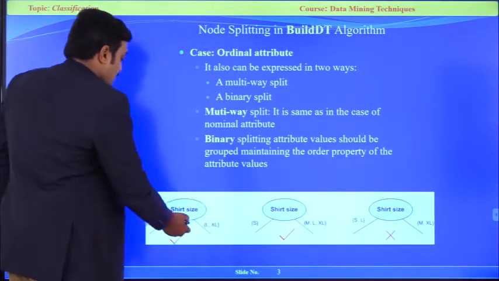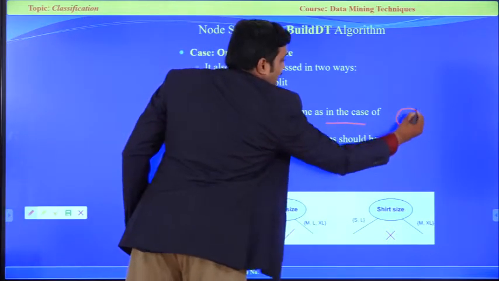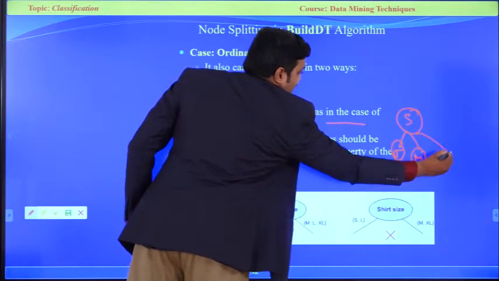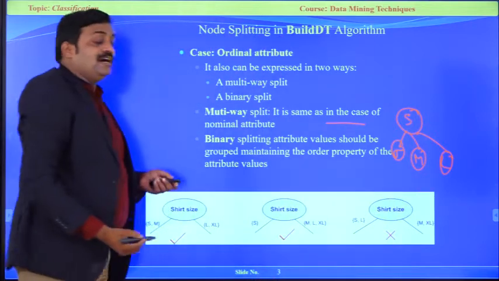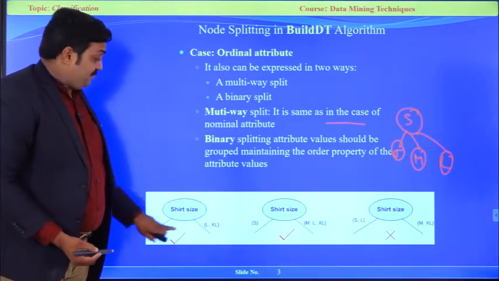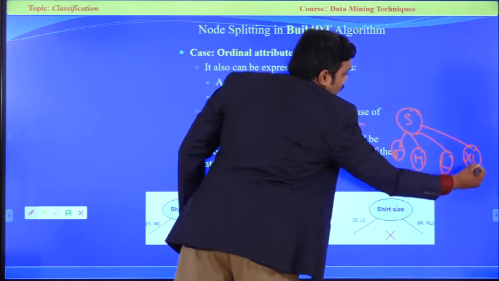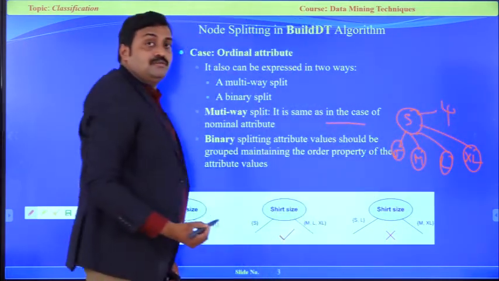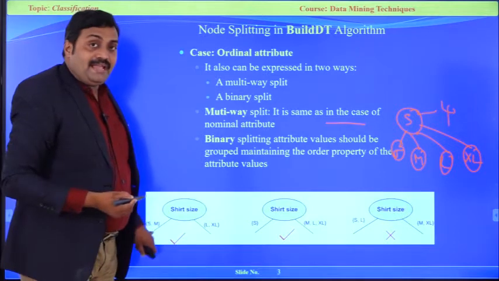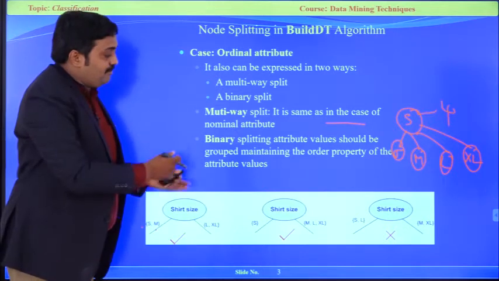Multi-way means shirt size small, medium, large. The same thing I can do as a binary split: small and medium, large and XL, since there are more values. So we have four values here: small, medium, large, extra large. I make a binary split of small and medium versus large and XL, and like that I go for different combinations.